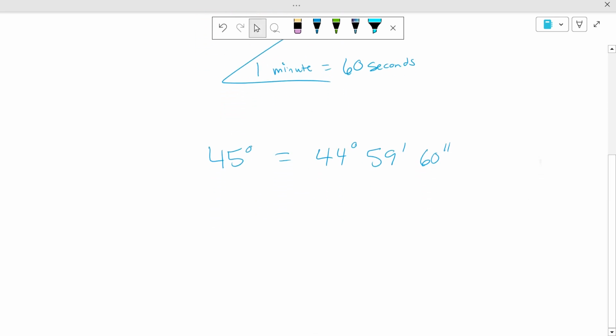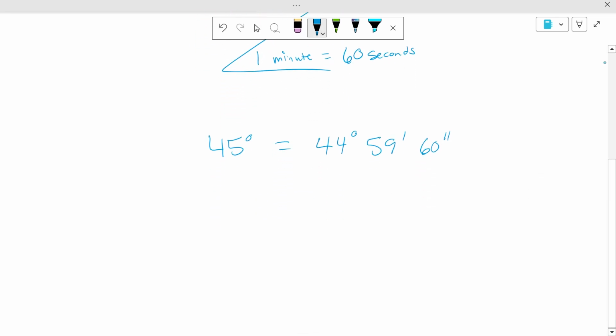Okay? So if we had 36 degrees, 20 minutes, and 12 seconds, what would be its decimal equivalent for that? Well, how many seconds are in a minute? 60.